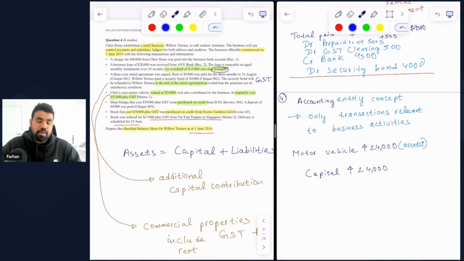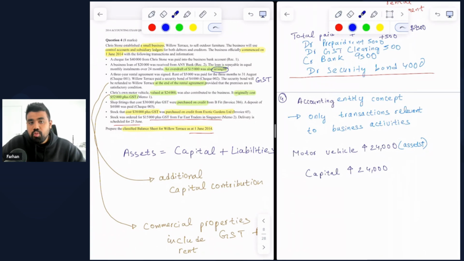Right? So which means any personal transaction is to be kept separate. The day this motor vehicle was contributed to the business, that day the motor vehicle had a carrying value of $24,000 remaining, which is the fair value. And that's the value that the business can consume.